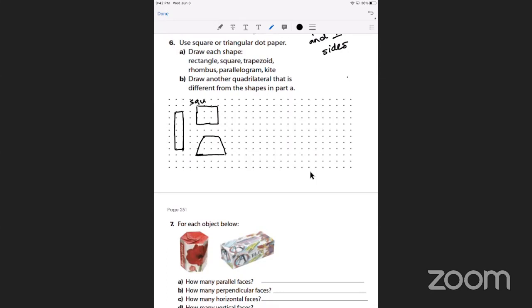So we have a square, a trapezoid, we have a rectangle, and then we have a rhombus.